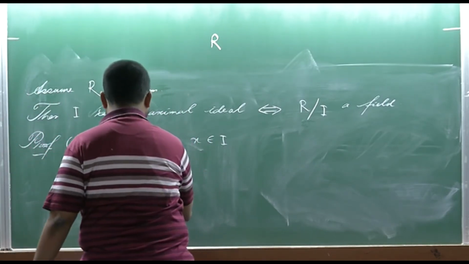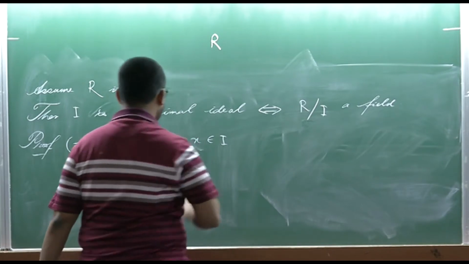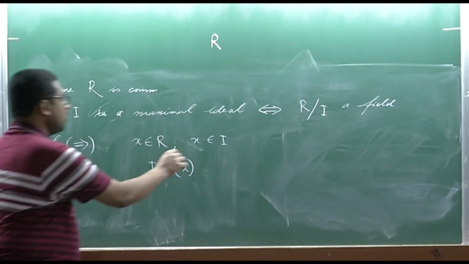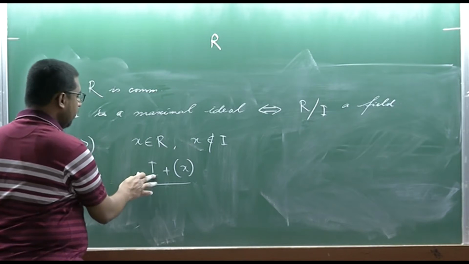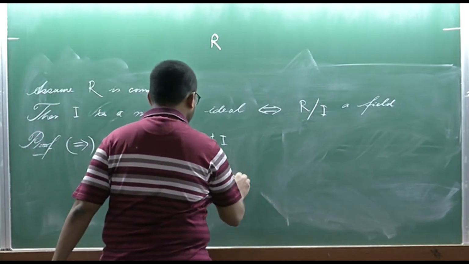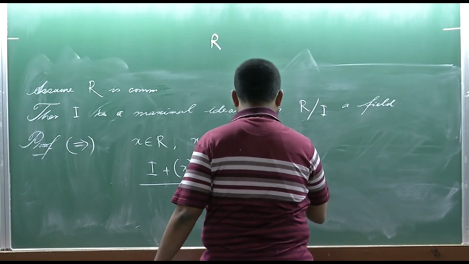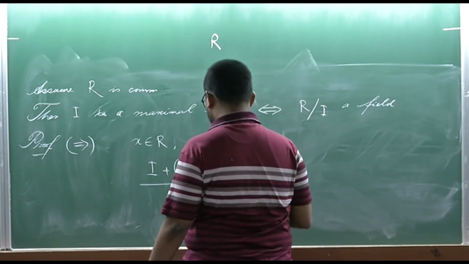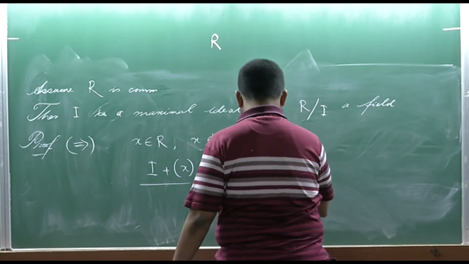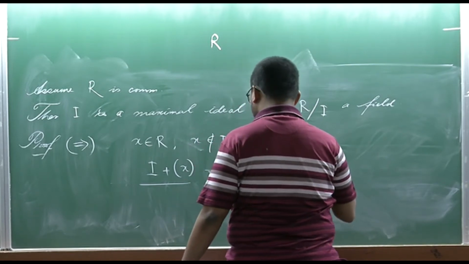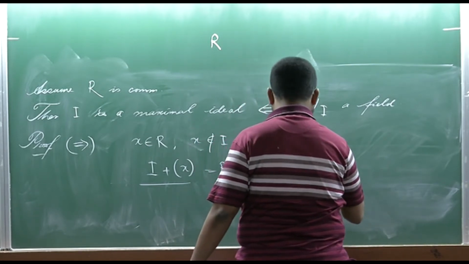Now, we consider this ideal generated by I and x. Since x does not belong to I, this ideal contains I properly, so therefore it has to be R. That forces that there exist a in I and some r in R such that a plus rx is 1.